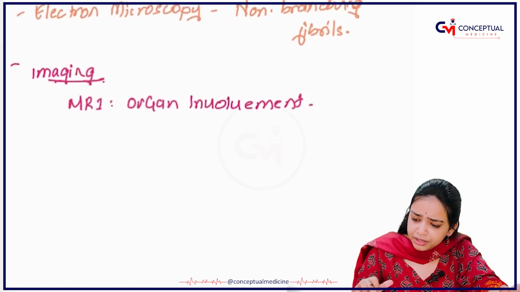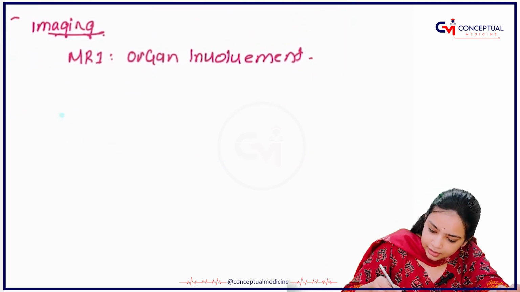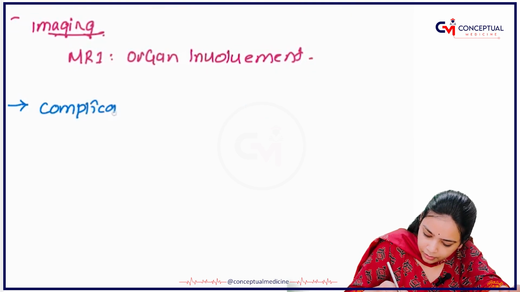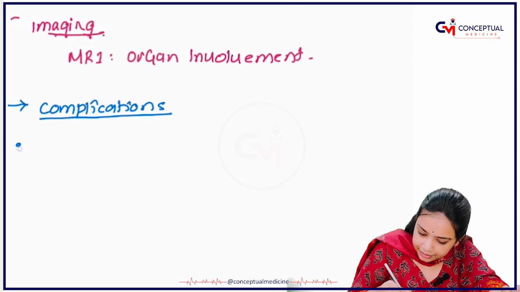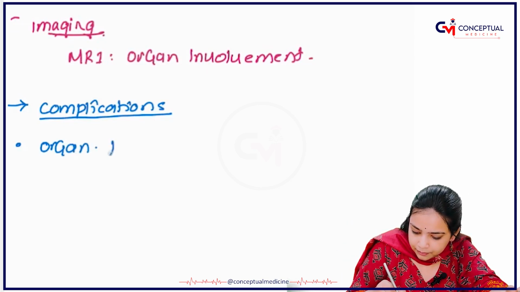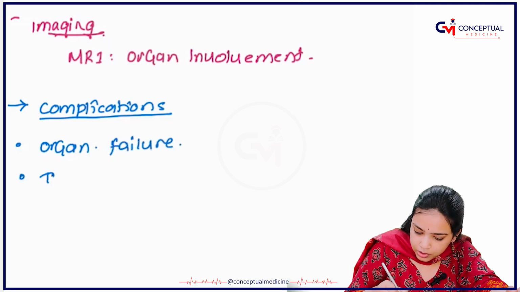Next, coming to what the complications are, right? The first complication, we have talked about that in the starting only, is the organ failure. Second one is the thrombosis and bleeding.